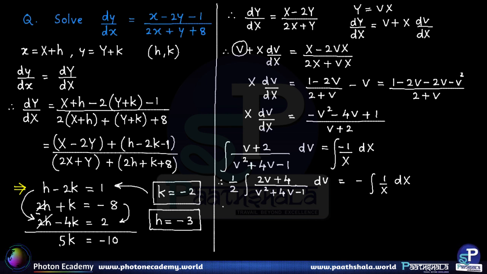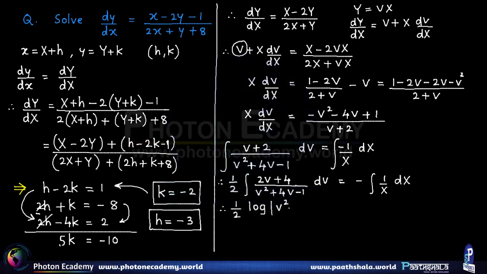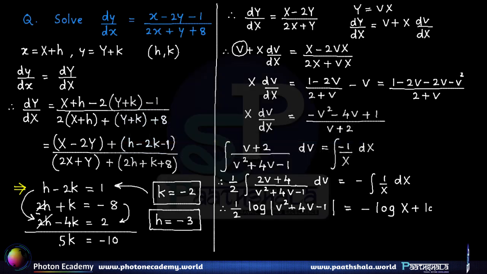So therefore here we have 1 upon 2 log of mod of (v square plus 4v minus 1) is equal to minus log x plus log c.